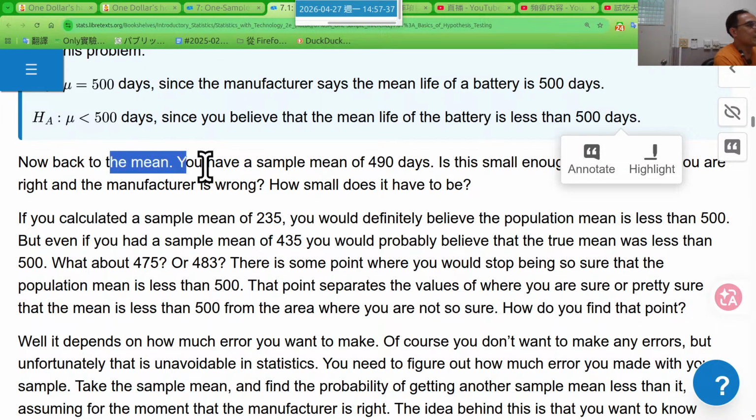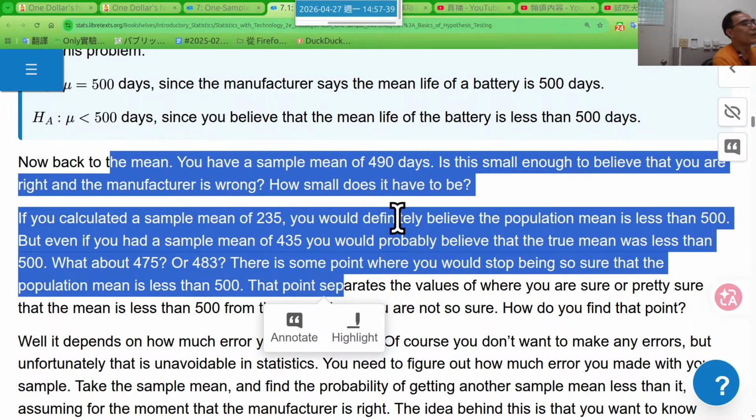Now back to the mean. You have the sample mean of 490. Is it small enough to believe that you are right, that the manufacturer is cheating? Maybe not, because there is one important value we still need to discuss: the standard deviation.